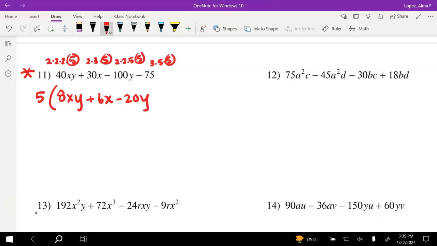And if you factor it out of the last term, you get a minus 15. But notice, after taking out the greatest common factor, we still have 4 terms. So we now have to do our factoring by grouping. Now, what do you do with the 5? Well, he's going to be part of our final answer.